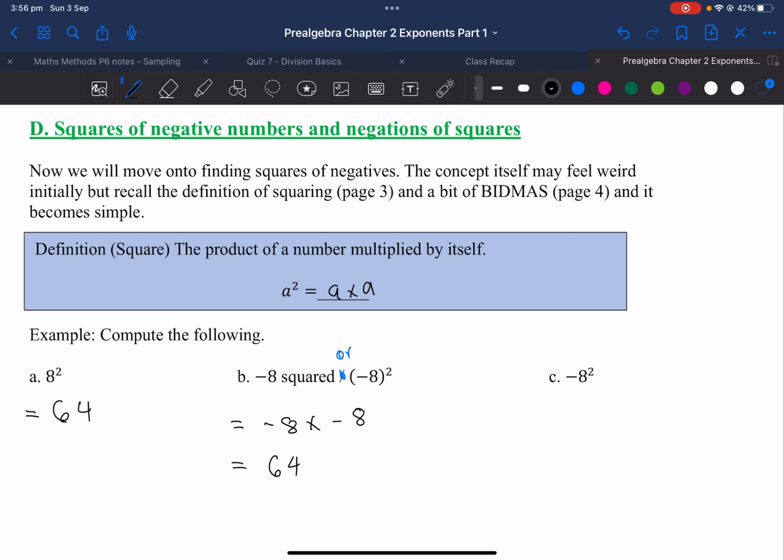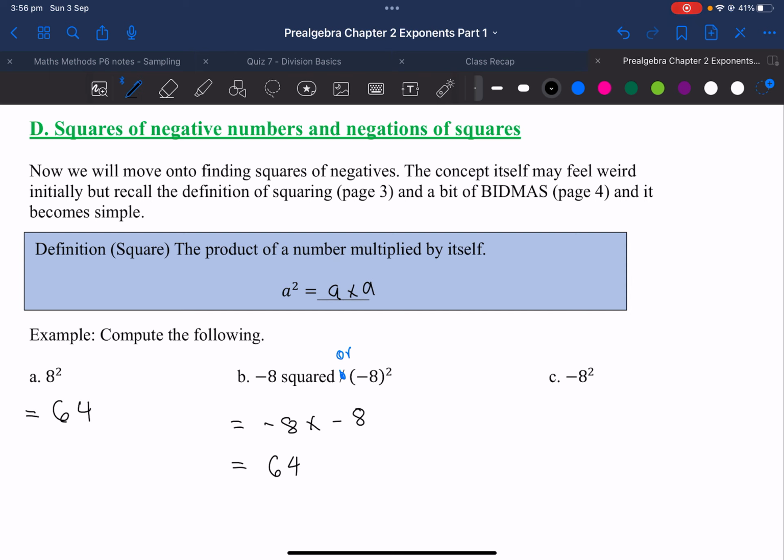But this one's slightly different. What's this one? Negative 8 squared, with no brackets. Isn't it the same as this?